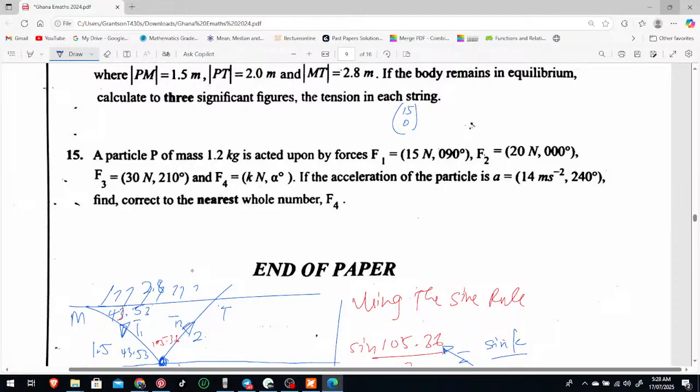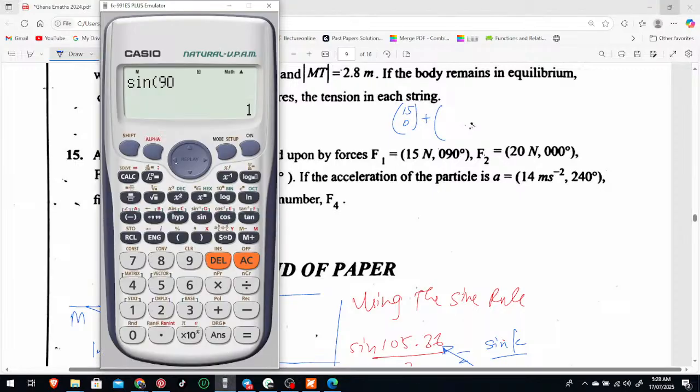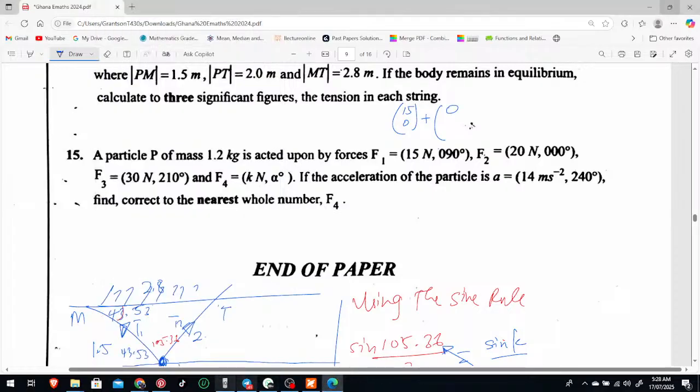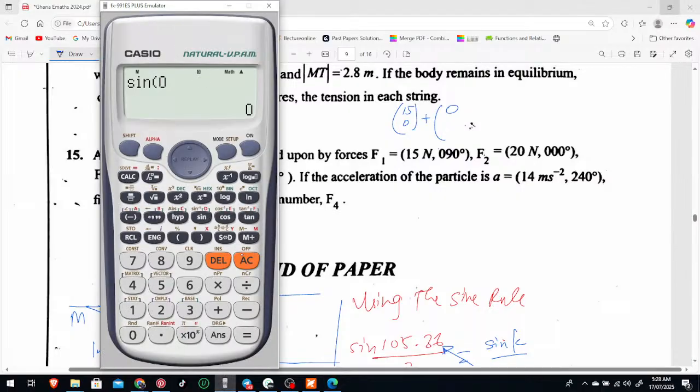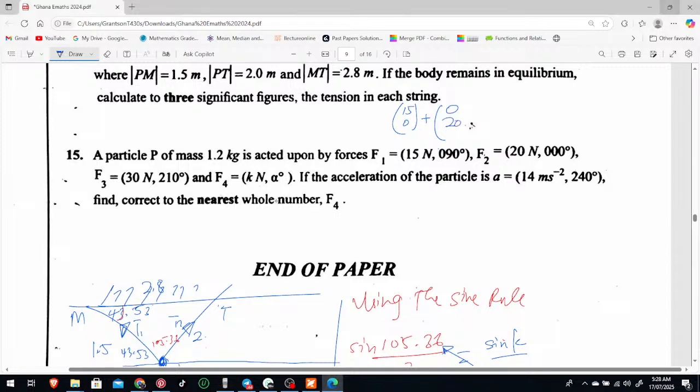This one is 15 sine 90. Sine 90 is 1. 15 cos 90. Cos 90 is 0. Plus 20 sine 0. Sine 0 is 0. And cos 0 is 1. So this one gives you 0. And 20 cos 0 is 20. So here is 20.